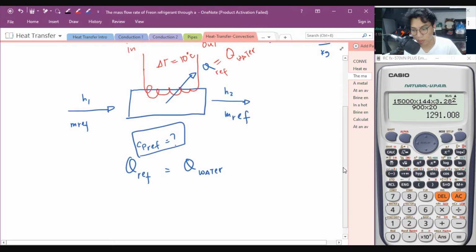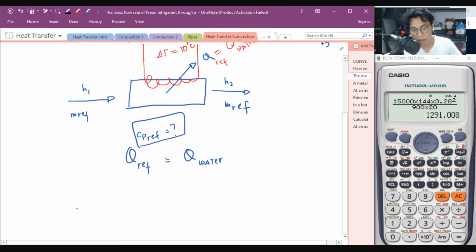Pero, di ba sir, binigay yung mga enthalpies. Tama. If that is constant pressure, heat addition, ano po ba yung kanilang heat added? That is given by the formula. Heat transfer, ibig sabihin, this is a process of constant pressure or isobaric. Okay? Ibig sabihin, kapag isobaric yan, note natin. Okay, note.